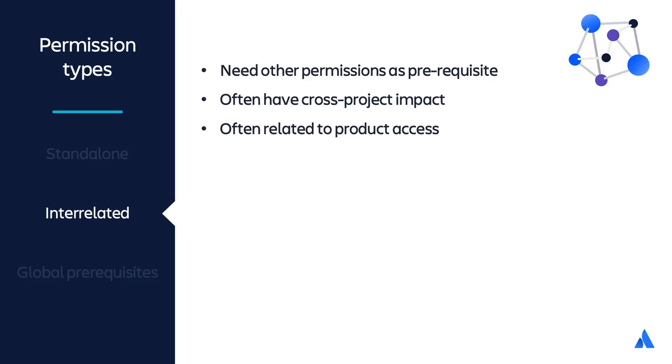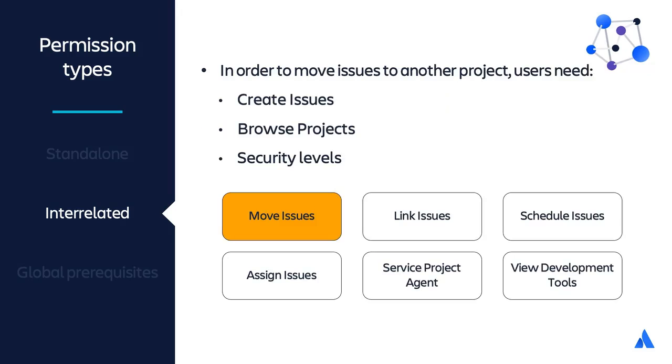Interrelated permissions are permissions that will not have any effect unless combined with other permissions. They often have cross-project impact, or they will not function unless other prerequisites have been met, such as the user having active product access. Let's look at this in more detail. Take Move Issues, for example.